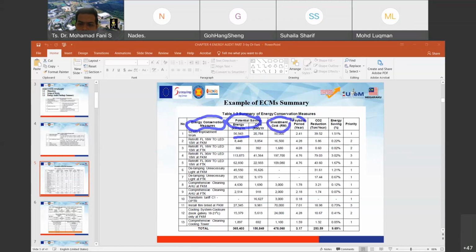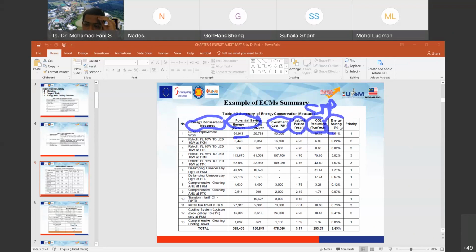Investment cost, payback period, SPP, simple payback period, okay? And also you can convert the energy saving to ton reduction. And for the CO2, you can use a common calculator to convert from energy kilowatt hour to CO2.